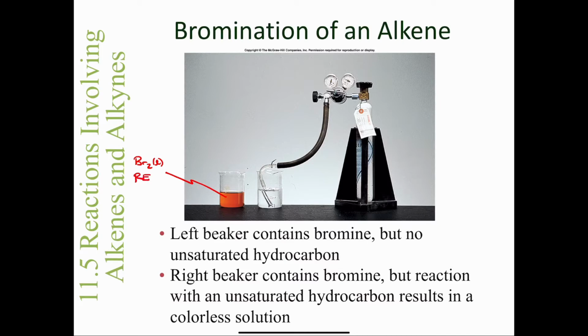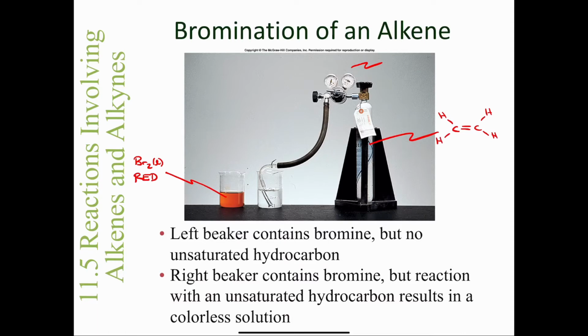It's red. Now what's happening is that in this bottle, so this is a bottle of gas, and they have a regulator right here so they can regulate the amount of gas coming out of that bottle. What's in that gas container is ethylene gas, right? C2H4. And what does C2H4 have? It has a unit of unsaturation, right? It has a pi bond.